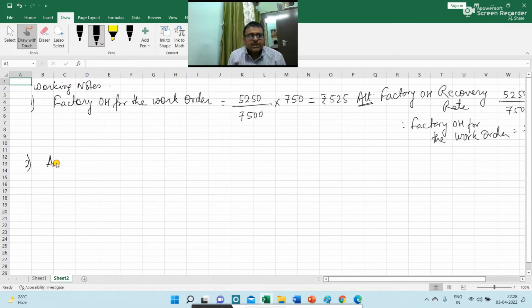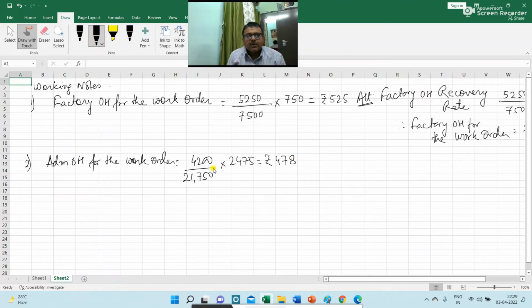Administrative overhead for the work order. So 4,200 divided by 21,750 into 2475, and you will get rupees 478.